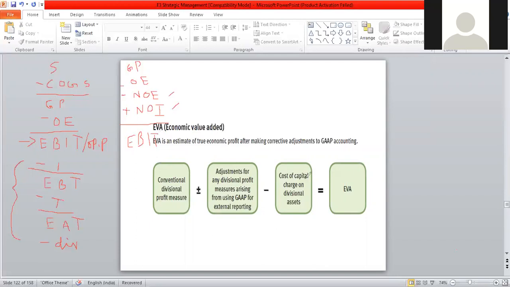So cost of capital charge on divisional assets also has to be taken care of. That is then called the economic value added. So this is another financial measure which is used to measure the performance of the business.